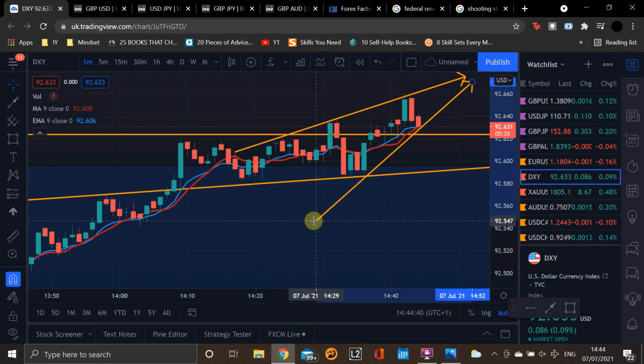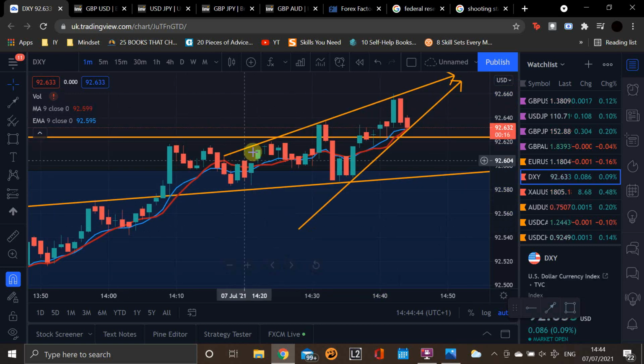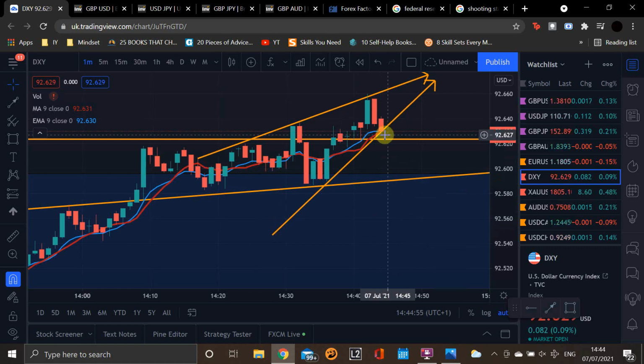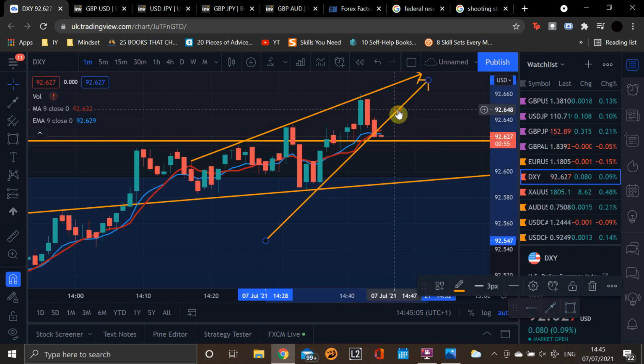It's a rising wedge, right? Rising wedge. Trend going on there. Both opposing patterns as well. Yeah, look at that. Very opposing patterns.